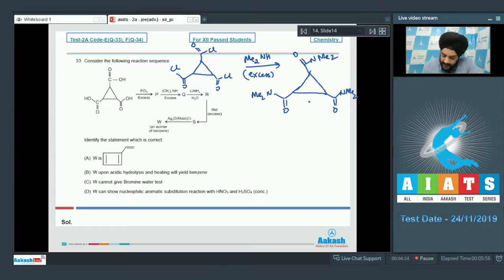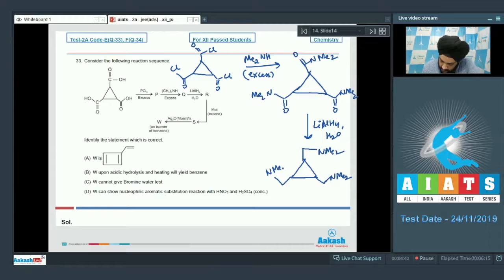Further, it is allowed to react with LiAlH4 in presence of H2O. So it is going to give us the amine. So this is the compound R which was formed.